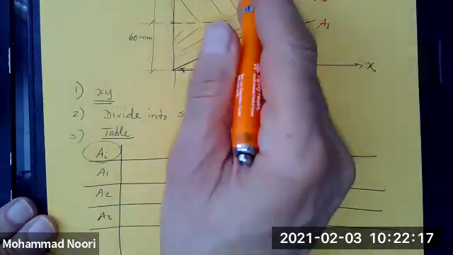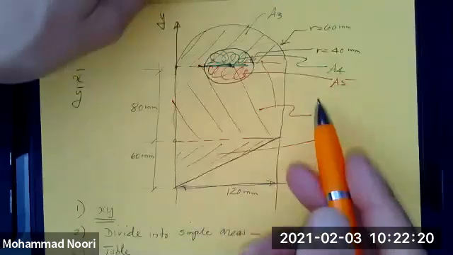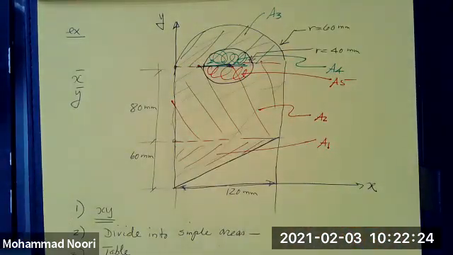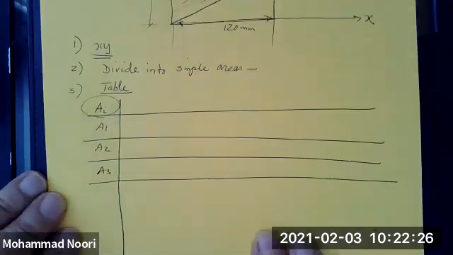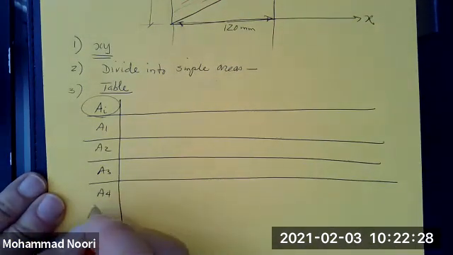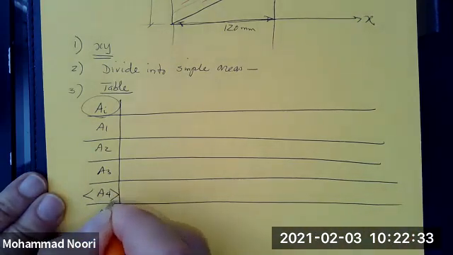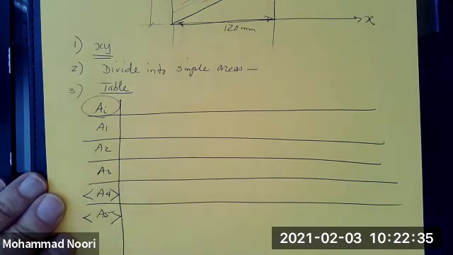When it comes to those areas that are virtual, that means pieces that have been cut out, we consider those areas as negative and keep track of the signs in the calculations. It's a good habit to put a bracket next to those areas.